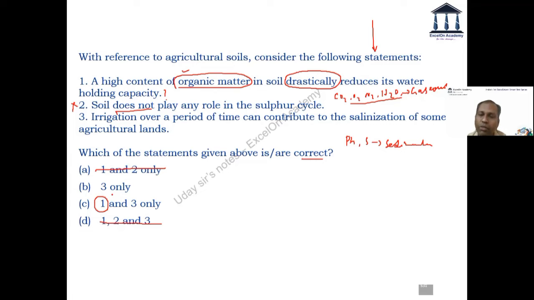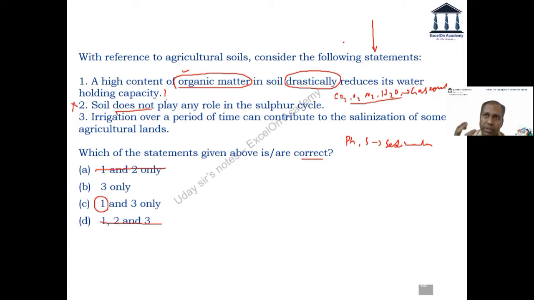Now, what kind of soil generally has good water holding capacity? Does sandy soil have good water holding capacity? Let's do the reverse logic. No, sandy soils don't. Now the question comes, does sandy soil have a high organic content? The answer is once again no. But we know that clay soil has one of the best water holding capacities.